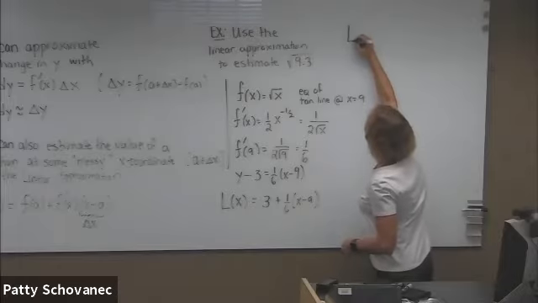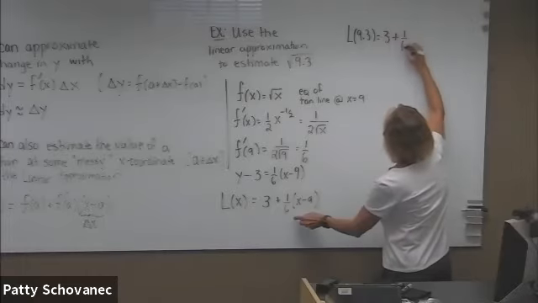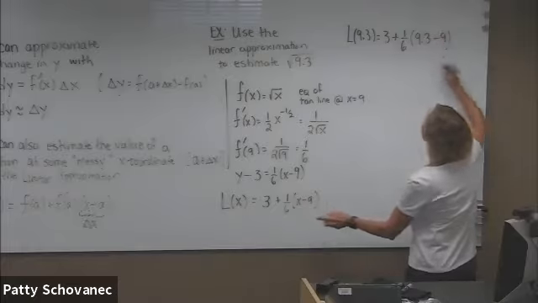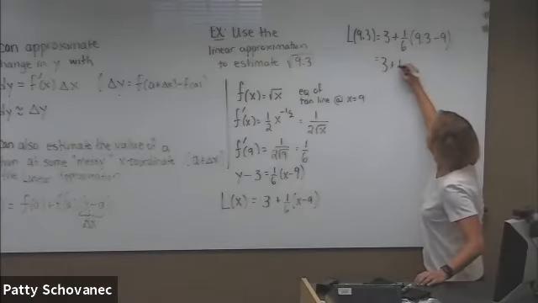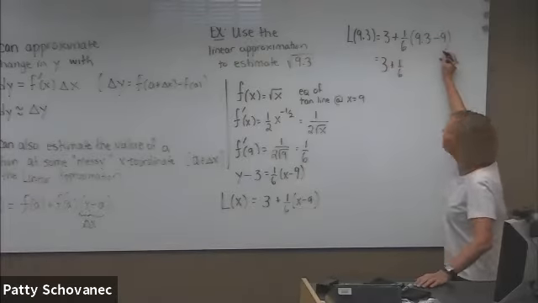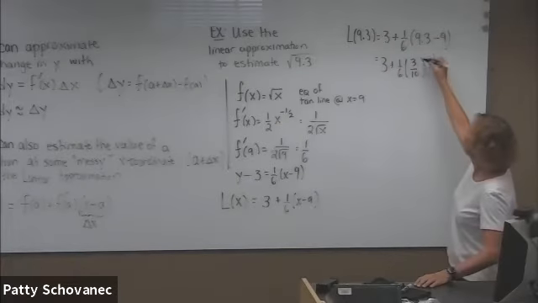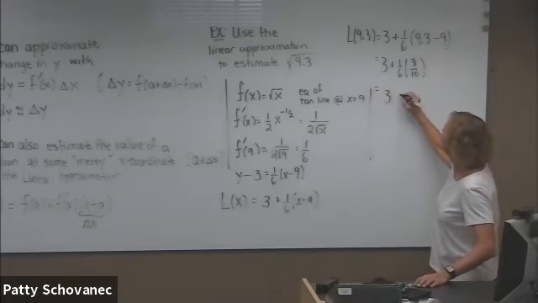So the linear approximation at 9.3 is this 3 plus 1/6, 9.3 minus 9. So that's 3 plus 1/6 of 0.3. Let me write 0.3 is 3/10. And then the 3 cancels into the 6. Twice, so I get 3 plus 1/20.